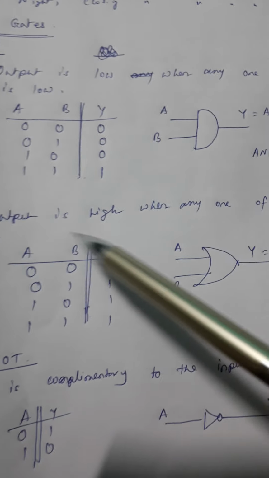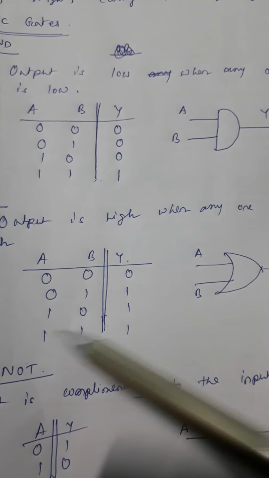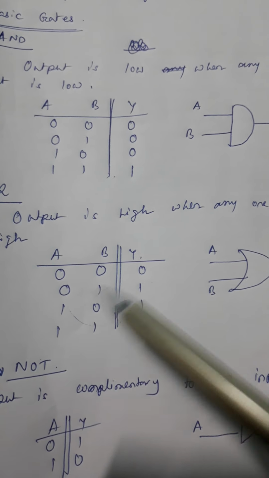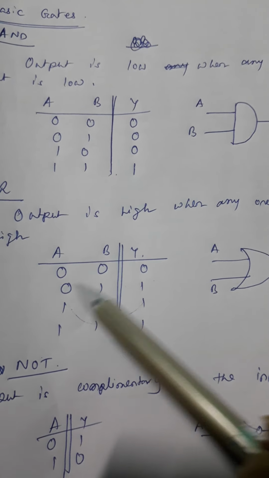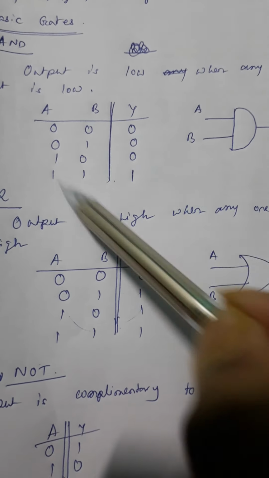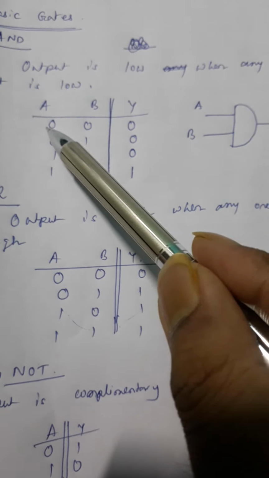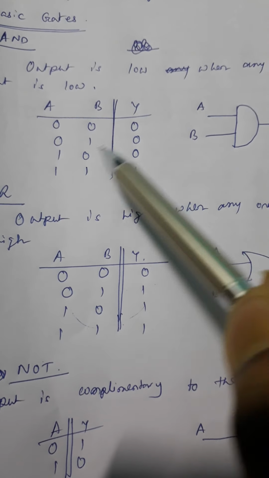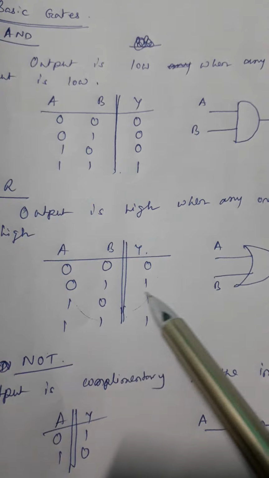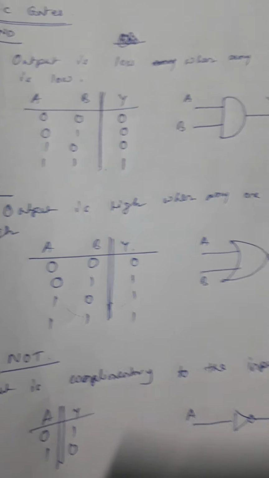This is the truth table: 00, 01, 10, 11, and we can see that 1 1 gives 1. In case of the AND gate, we saw that 1 0 gives 0. Now in this case 1 1 gives 1, right?